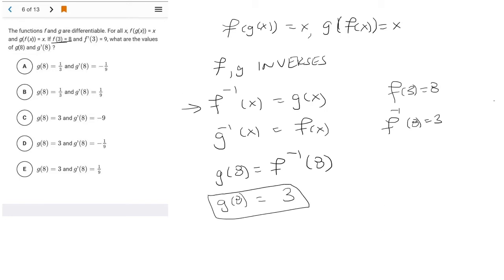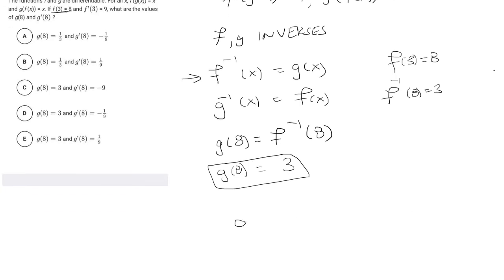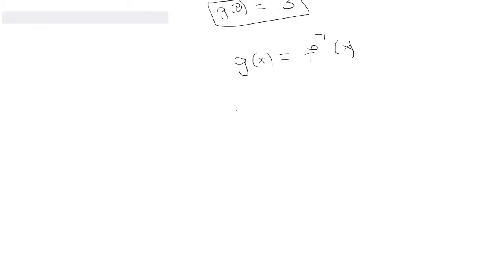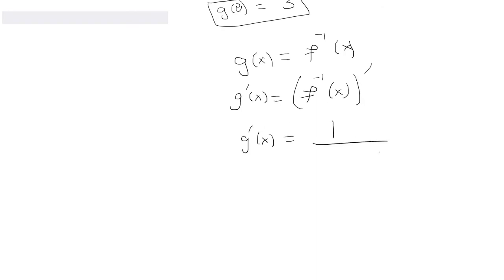Okay, now we want to find g prime of 8. Okay, so in general, g of x is equal to the inverse of f. So if I want to take the derivative of g, well, that's the same thing as taking the derivative of f inverse of x, and that's going to be 1 over f prime of f inverse of x.